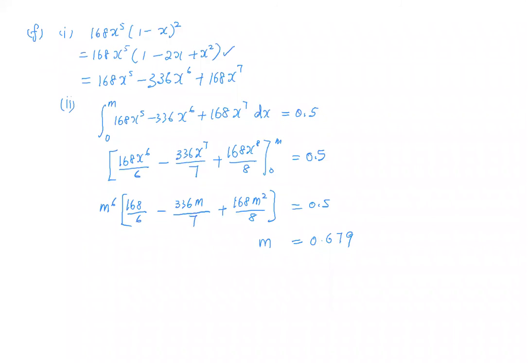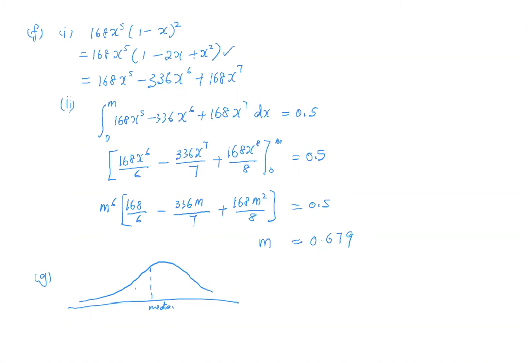So, last part. What feature of the graph of y equal to f(x) reflects the fact that the mean of x is less than the median? The graph is skewed what? Skewed right. The graph is like that. Median is here.